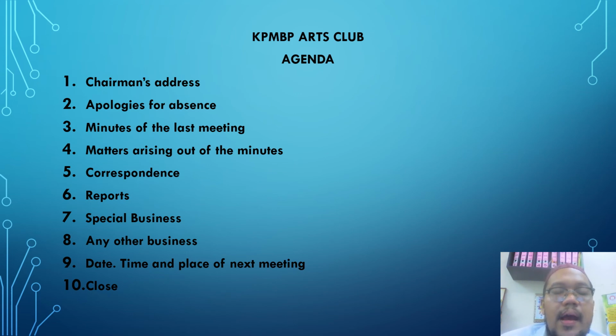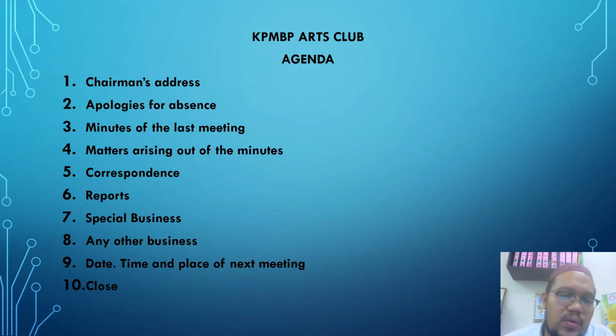All right, the chairman must announce and decide the date, the time and place of the next meeting during the meeting. All right, you cannot say, later, I want to inform you later. No, you must announce it now, I mean on the day that you hold the meeting.